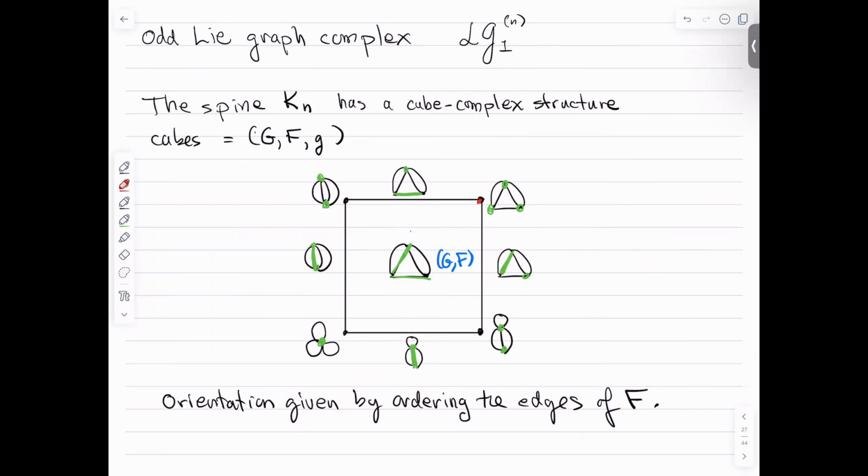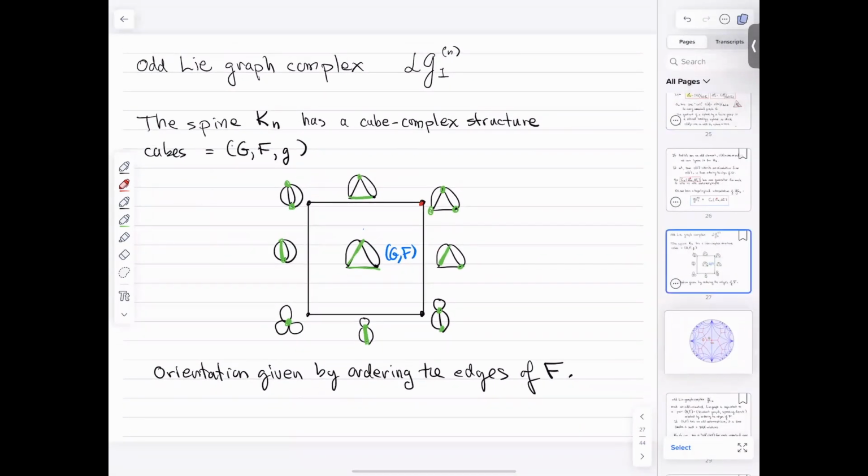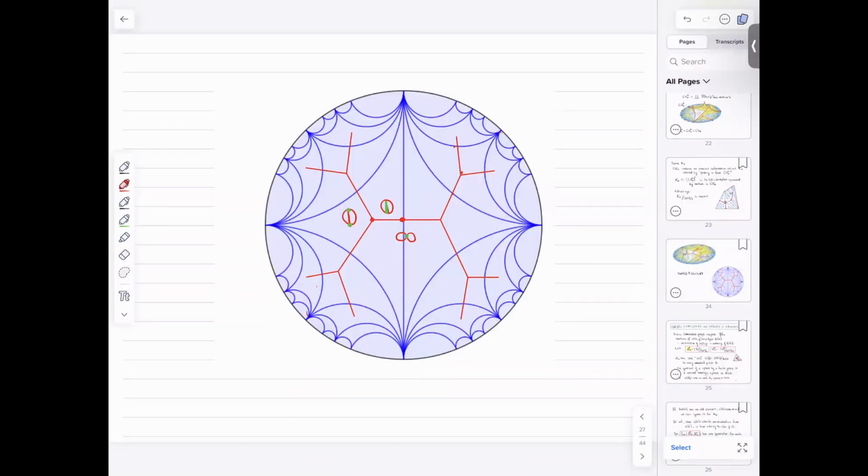Let me remind you of a picture of the spine in rank 2, at least looking from above. The spine has a vertex in the middle of each simplex that's in outer space, and an edge between two vertices if you can get from one to the other. So this vertex corresponds to that graph, and this vertex corresponds to that graph.